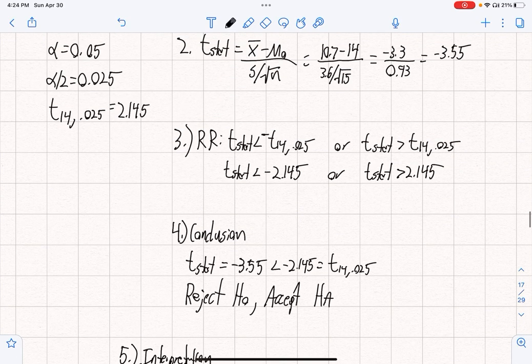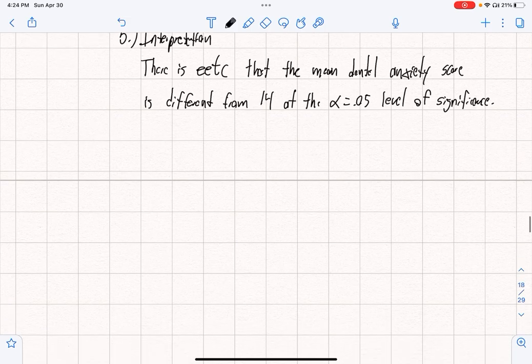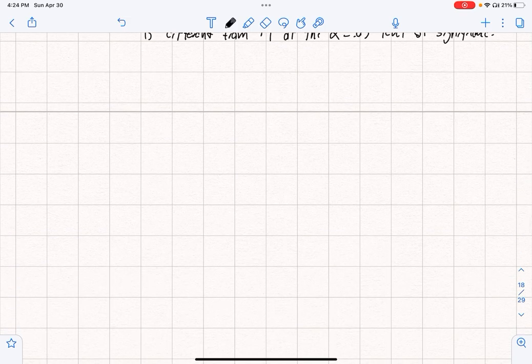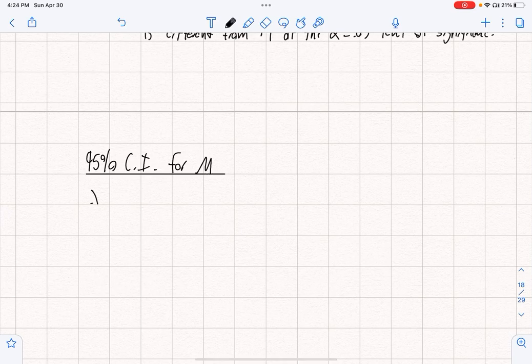Okay, but like I said, I'm going to skip the p-value here, but let's go ahead and do a 95% confidence interval, which we know is x bar plus or minus t with 14, 0.025, times s over root n. Plugging in, that would be 10.7 plus or minus 2.147, right?